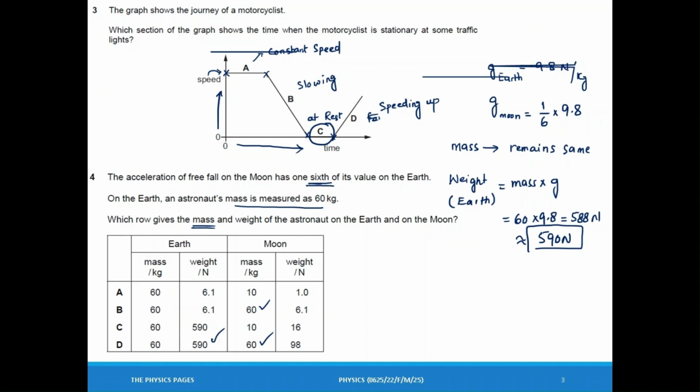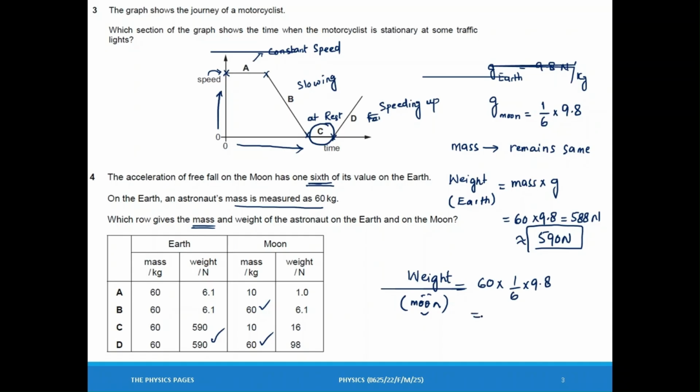So specifically we are up to the point that D option is correct, but just to have further confirmation, let us consider the weight of the object on the moon. Weight on the moon, mass on the moon, that will remain 60 times one sixth of 9.8.